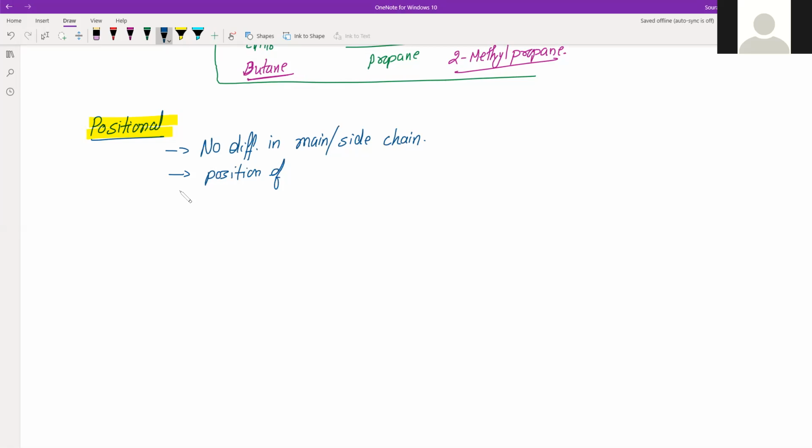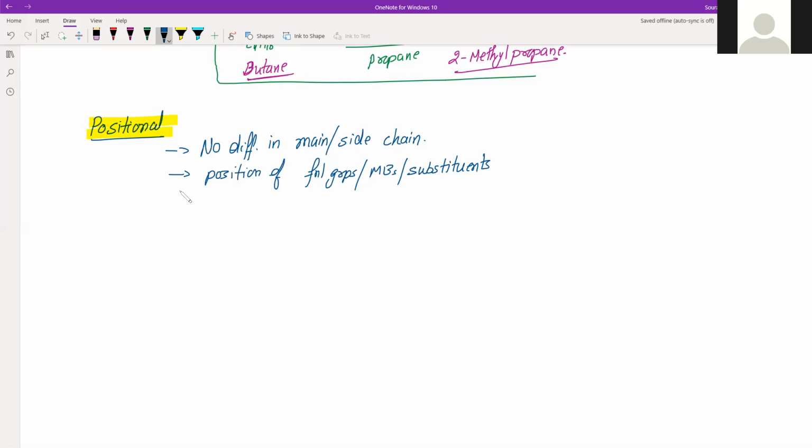as it is positional. So the position of what? The functional group, the multiple bonds, or the substituents. Now again, the functional group should be the same, only its position should be different.